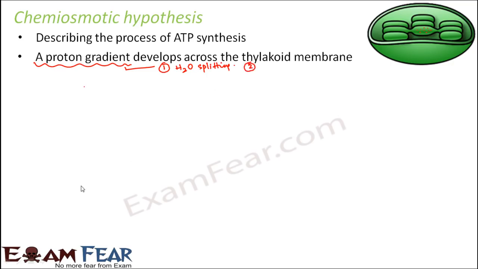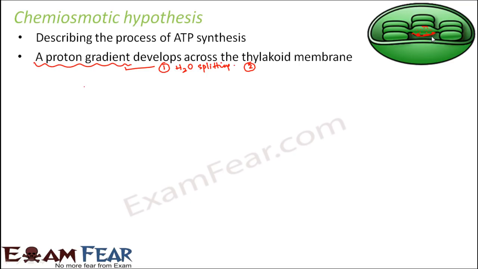What is the other way by which proton concentration will increase inside the space? That is by the electron transport chain. Now this is the thylakoid membrane, right? On this thylakoid membrane, PS2, electron transport chain and PS1 are present. During this electron transport chain, the electrons are passed on from one carrier to another carrier.